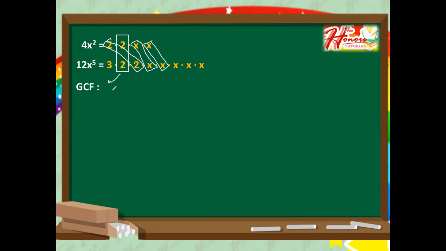Let's use parentheses instead: 2, 2, x, and x. So let's multiply. 2 times 2, that's 4, times x.